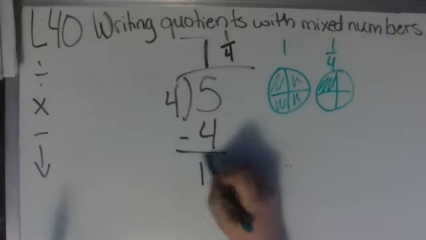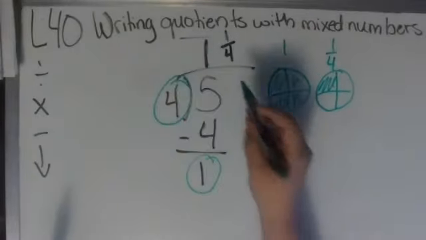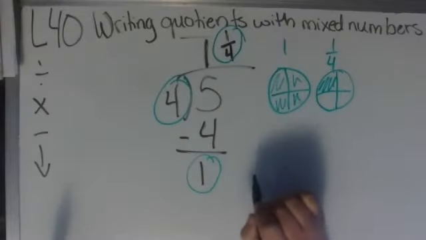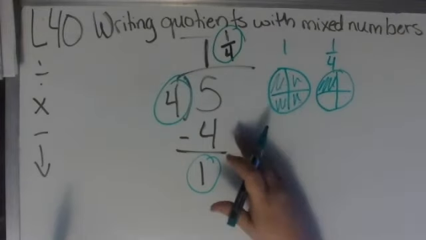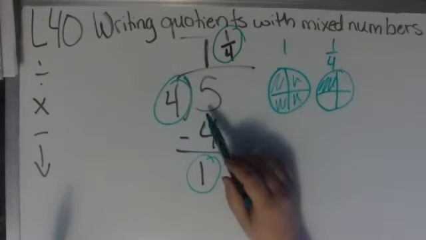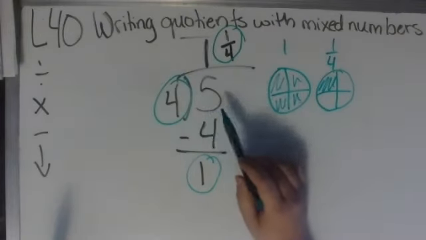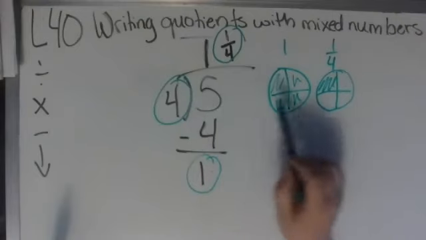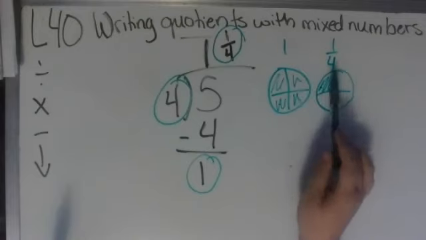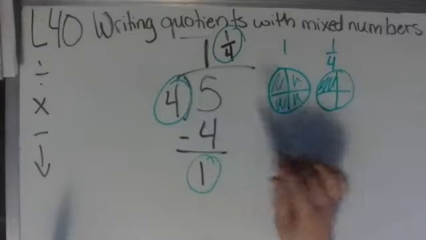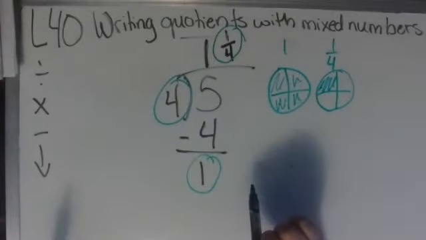You take the remainder and the divisor, and you put it into a fraction. The reason it works is because it's the exact same as if you were to take that 5 and do 5 pieces of 4, 1, 2, 3, 4, 5, and you end up with 1 1/4. So they're the same thing. I've just done them in 2 different ways.